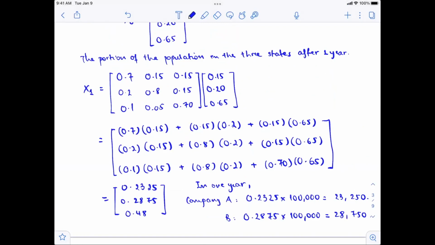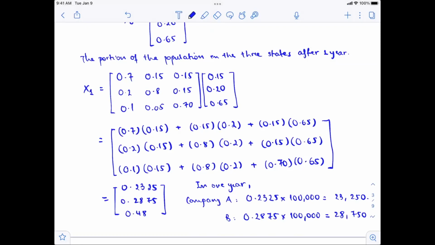Now using this information, you can actually calculate the portion of the population in the three states after 2 years, after 4 years, after 5 years, and so on and so forth. However, the setup we have only gives you the information of 1 year at a time, right? You need to calculate x1 to get x2, you need to calculate x2 to get x3, and so on.